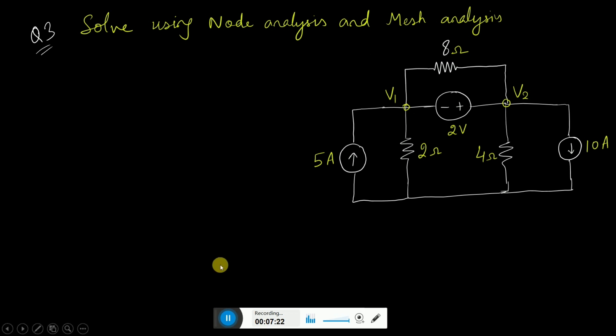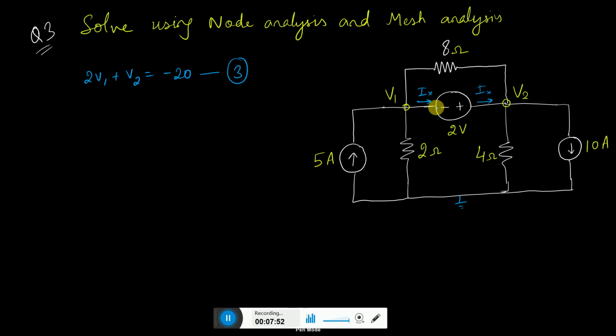So let us go to another screen. What we get here is 2V1 plus V2 equals minus 20. This is equation number 3. Now, I have defined Ix as the current going from node 1 to 2, and we need to find it.